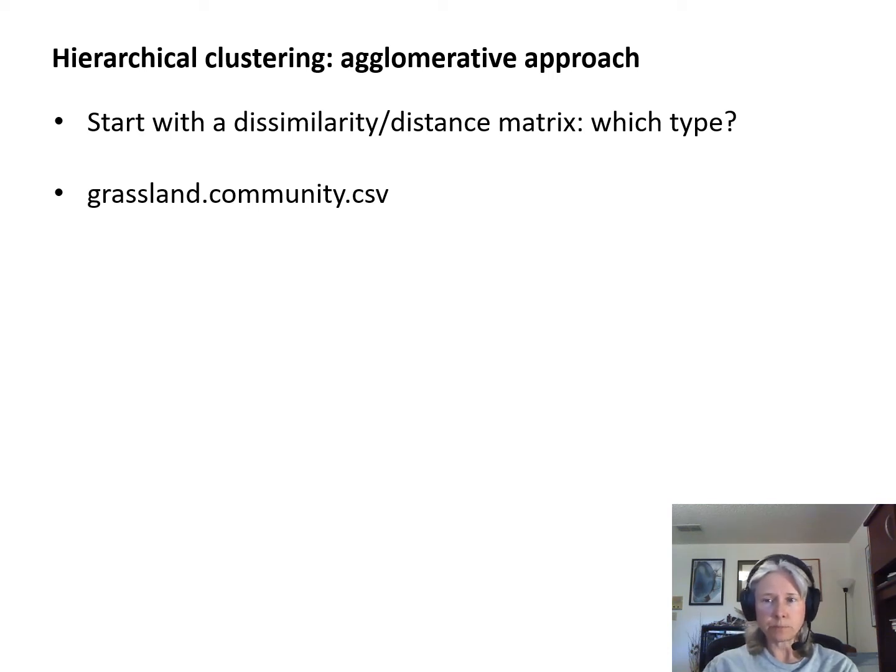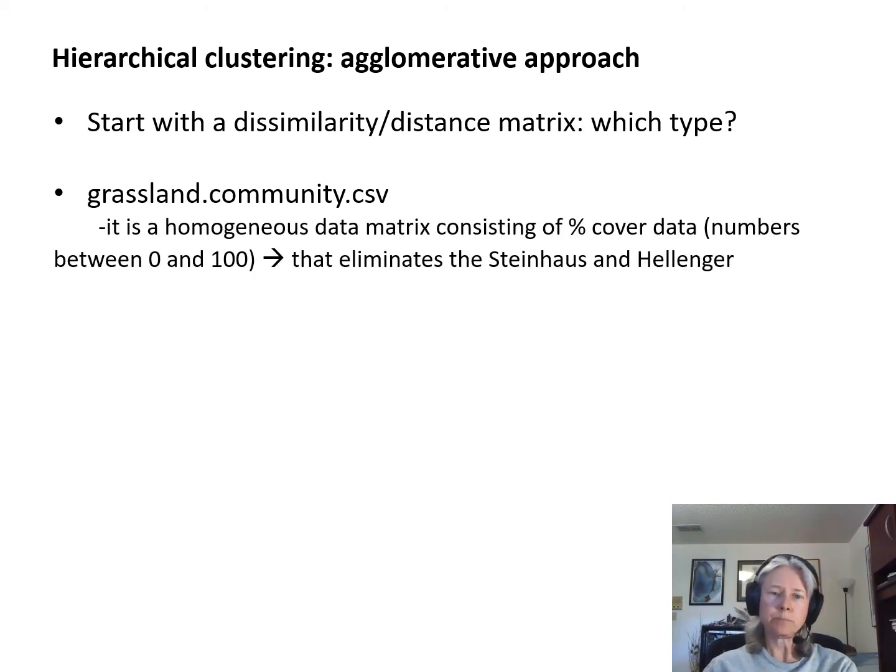In the online notes, the example I used was from the grasslandcommunity.csv file. And if you look at those data, you see first off that it's a homogeneous data matrix, meaning that it consists of a single data type. It is numeric, and it's percent cover data, meaning that the numbers are between 0 and 100. And because of those traits, that eliminates Steinhaus and Hellinger metrics.